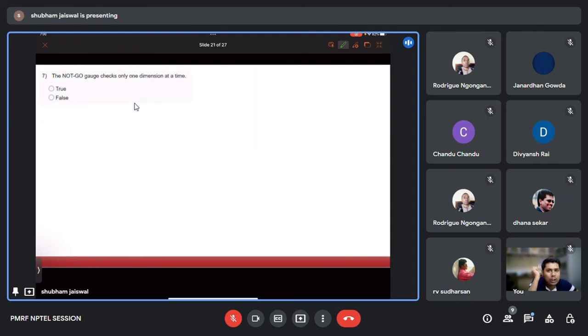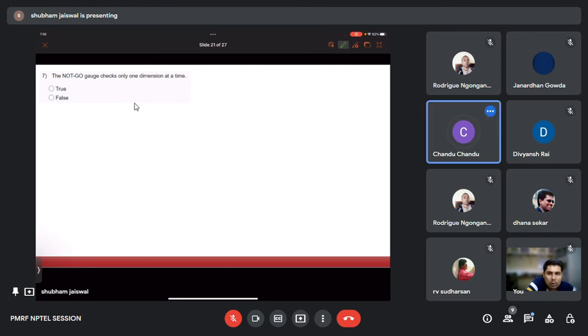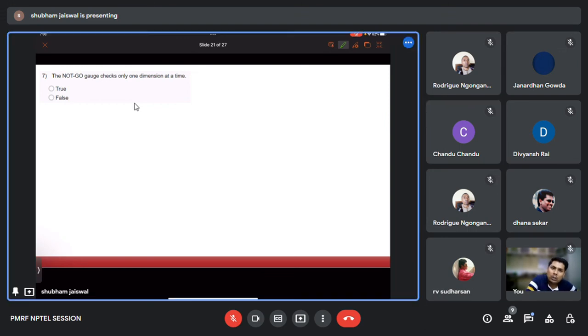The not go gauge checks only one dimension at a time. True or false? True, sir. Okay. Can anyone answer the principle behind the go and not go gauge?